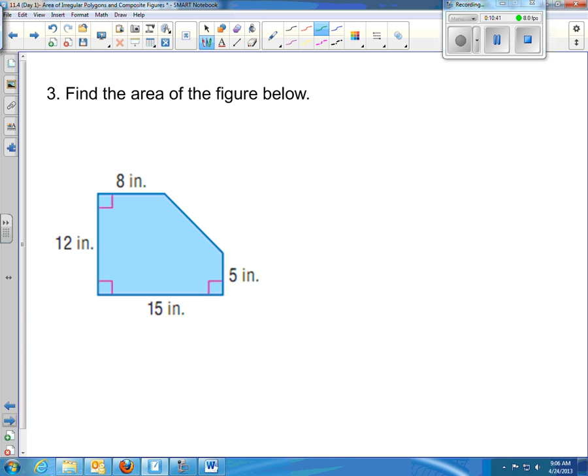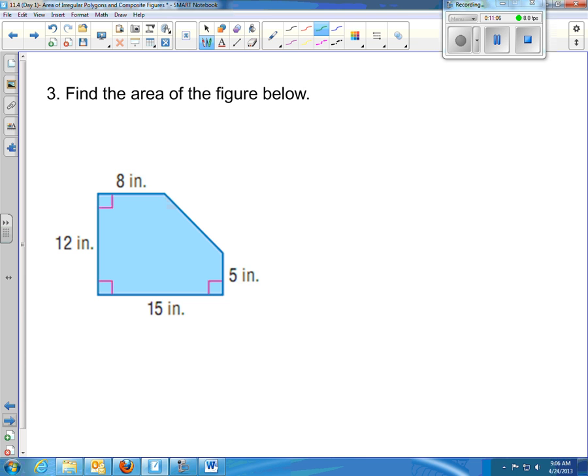All right, now let's talk about number 3. Number 3 is not broken down into portions for you, and I just want to talk about how we could do that. Now there's multiple ways we could do this, and we're all going to end up with the same answer. So I could break off here and make a rectangle on the bottom, and either have a trapezoid on top, or I can also break it into a triangle there.